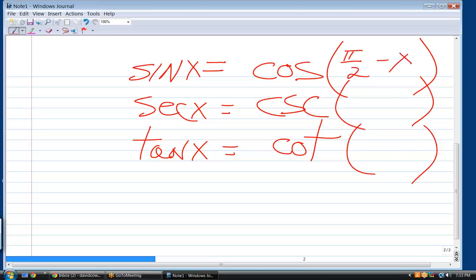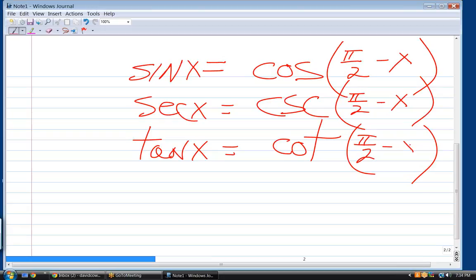Think about the sine of 30 degrees, which we know to be 1/2. Well, the cosine of 60 degrees is also 1/2. So if I substitute 30 here, I get the sine of 30 degrees equals the cosine of 60 degrees. Same with all three of these cofunction relationships.